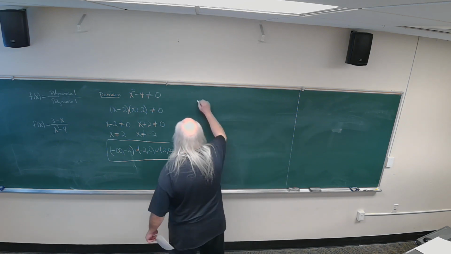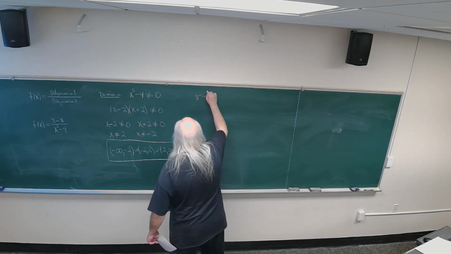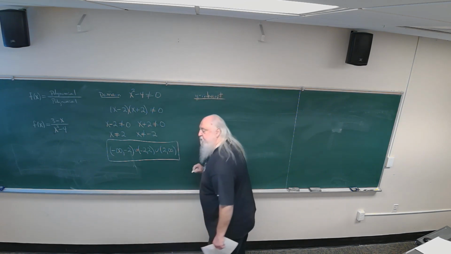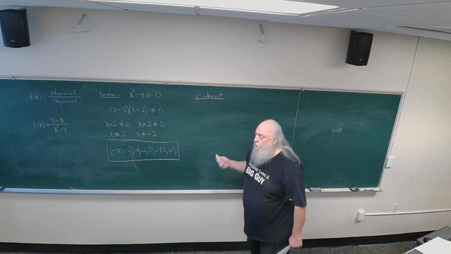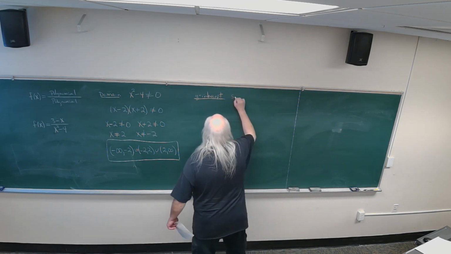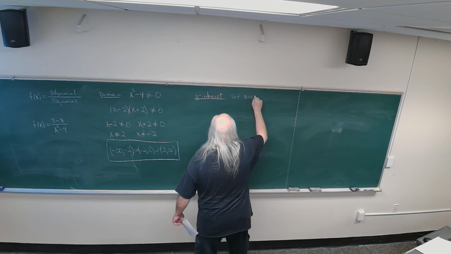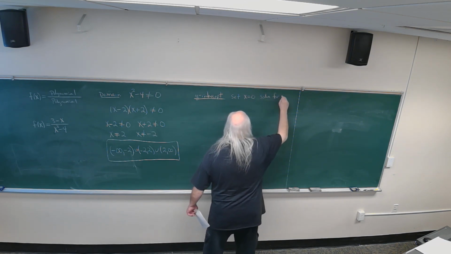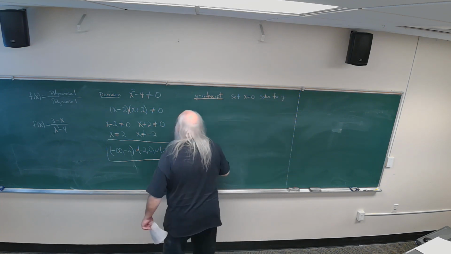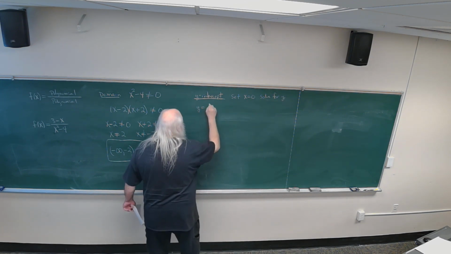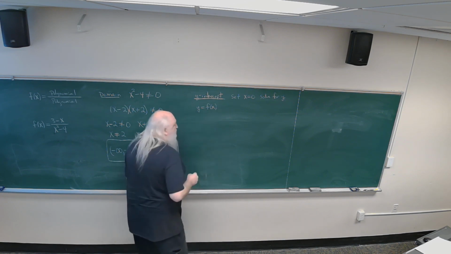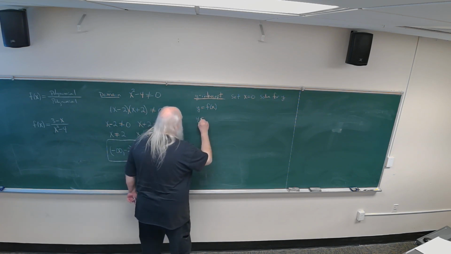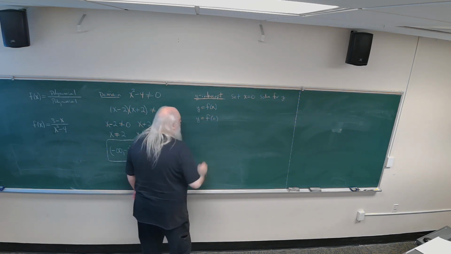Now to find the y-intercept, remember the strategy for finding the y-intercept is set x equal to 0 and solve for y. Well, y and f of x are interchangeable, right? You know, y is equal to f of x. So we set x equal to 0. Now solve for y.